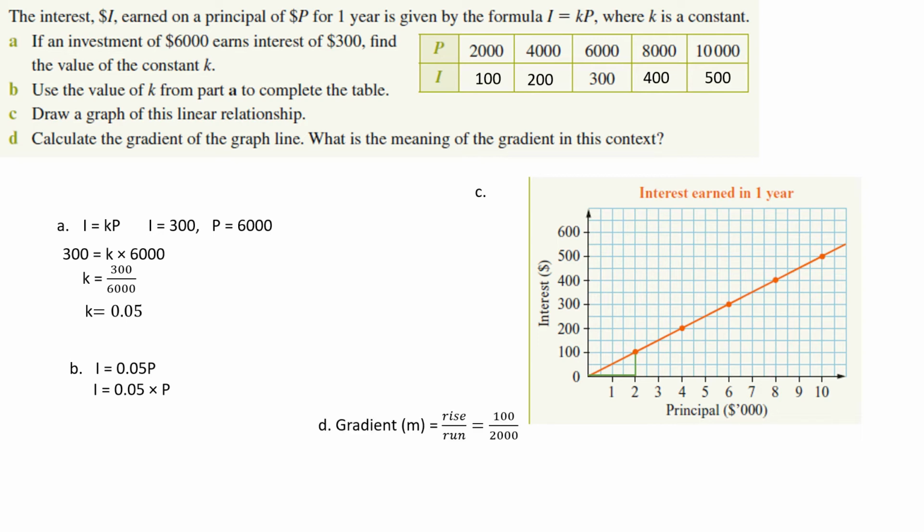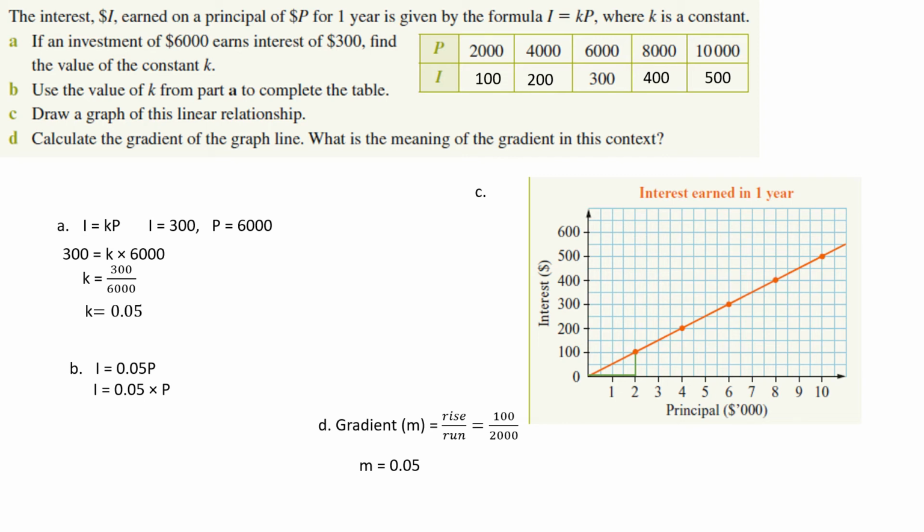So for part D, gradient or M will equal rise over run, which equals 100, because my rise is 100, over 2,000, because my run is, yes, 0 to 2, but as you can see, the principal is in the thousands, so it's over 2,000, and that equals 0.05.